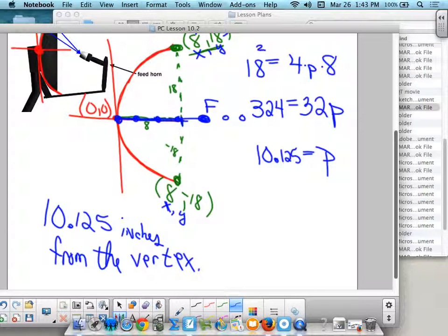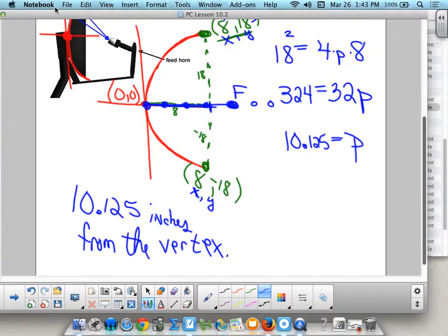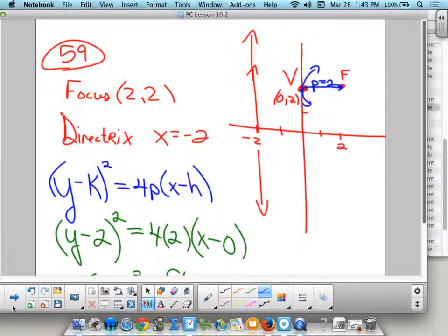Not a bad problem. There wasn't much in that problem. Some of the problems you're going to do in your book are not that hard. You just have to read them, get the picture drawn, put the numbers in. You'll be fine.